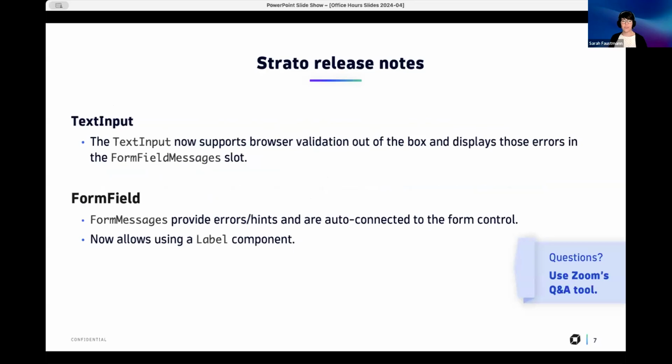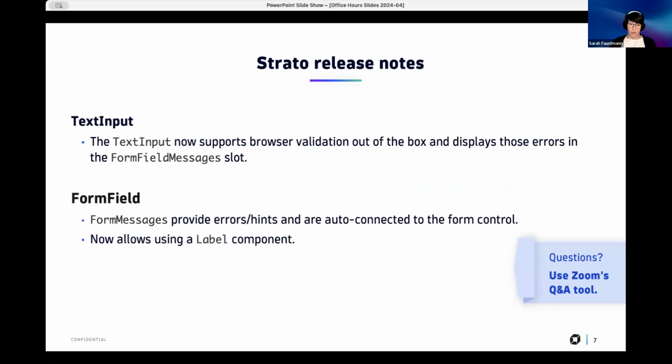Then we've got changes to the text input field. The text input supports browser validation now. If the validation goes wrong, error messages will be displayed in the form field messages slot. I will also show you this in a moment.